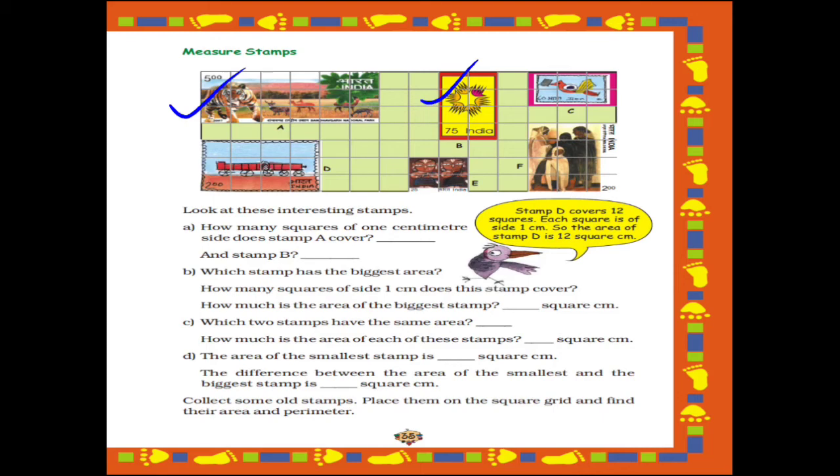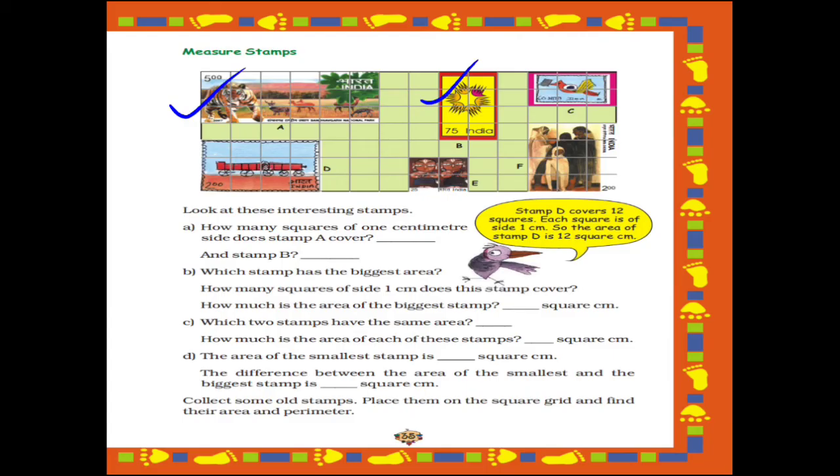So obviously stamp A has more squares. It will have the biggest area, right? Now let's write that stamp A has the biggest area because it has 18 squares. Now let's see the next question. How many squares of side 1 centimeter does the stamp cover?